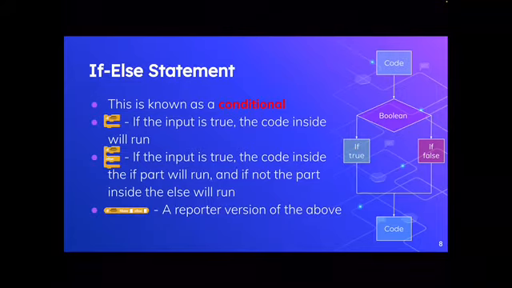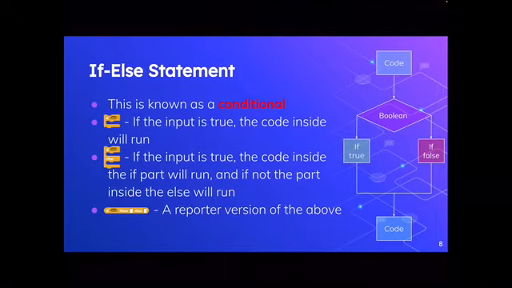So we can use the following chart on the right to understand what would happen in a flowchart. So we have some code, and then that diamond represents a boolean. So if that boolean is true, then a certain thing will happen. And if it's false, then another thing will happen.